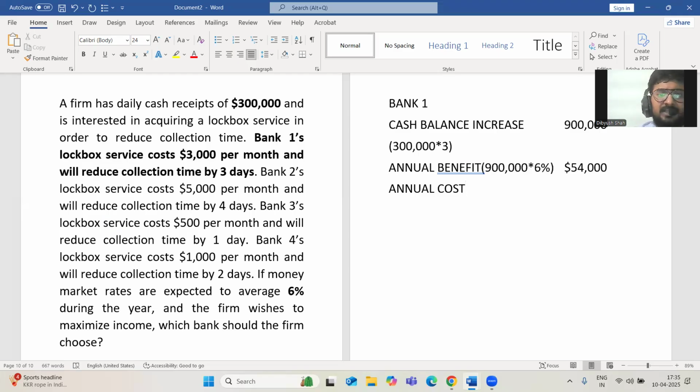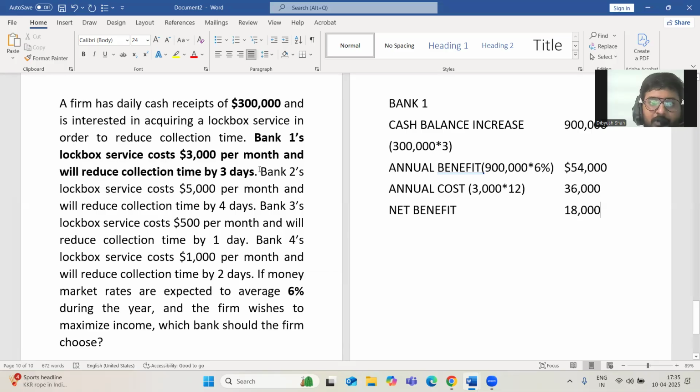They are asking 3,000 per month, so for the entire year, 3,000 into 12, 36,000. So net benefit of providing this service is 54 minus 36, that is 18,000. Bank 1 is going to give me 18,000.